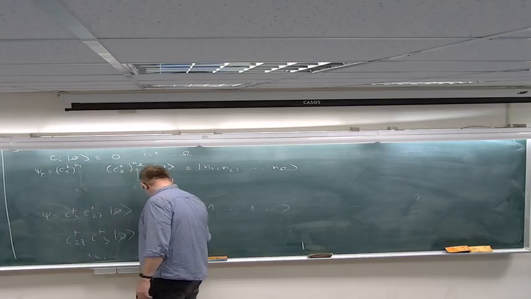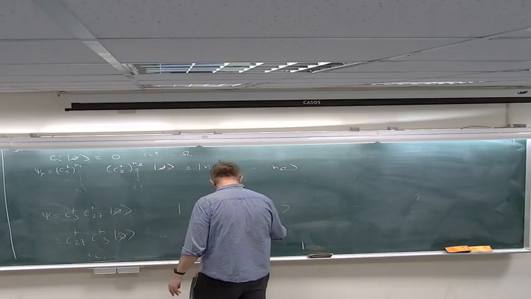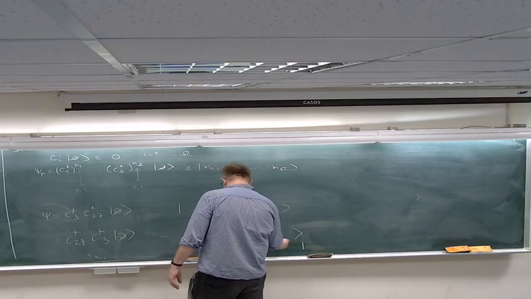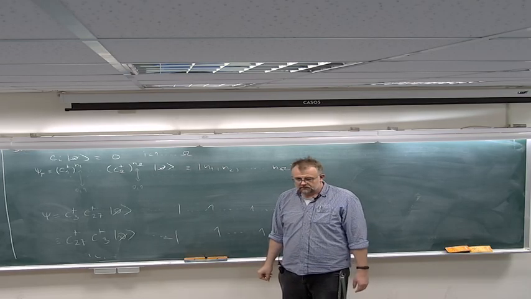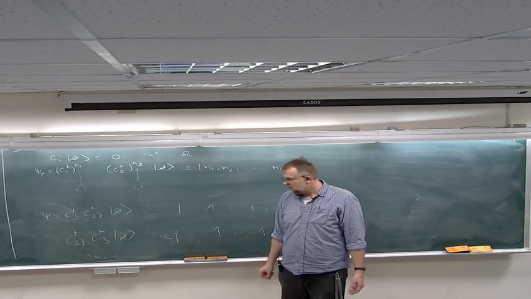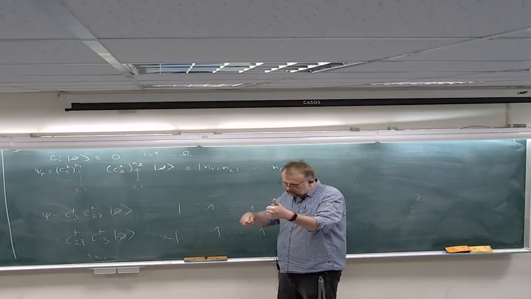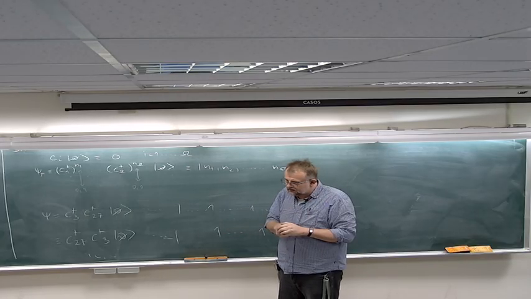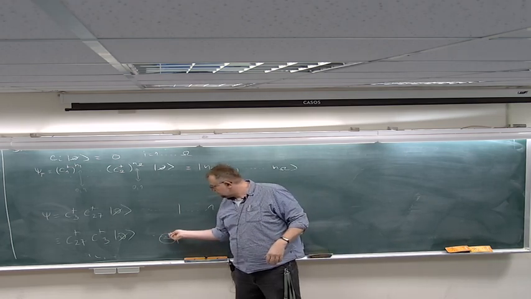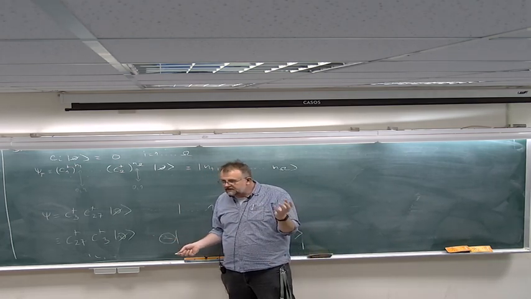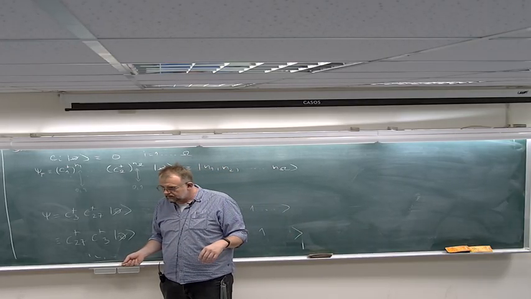In that case, I will also generate the state with 1 and 1, but when I want to generate the same state, I need to put a minus. So you see, this is a different state. This is the one vector and this is the minus vector. Both of them have 1 and 1, but this minus sign encodes the information about which state was occupied first and which second. You see it?